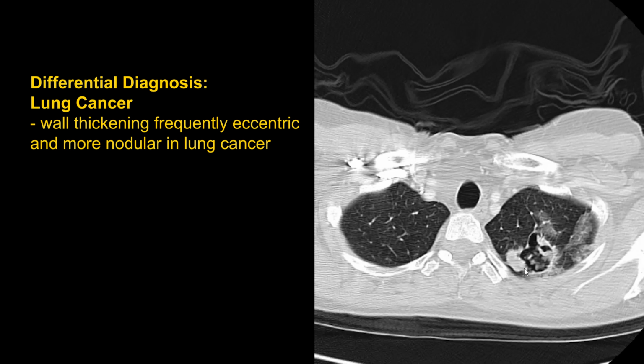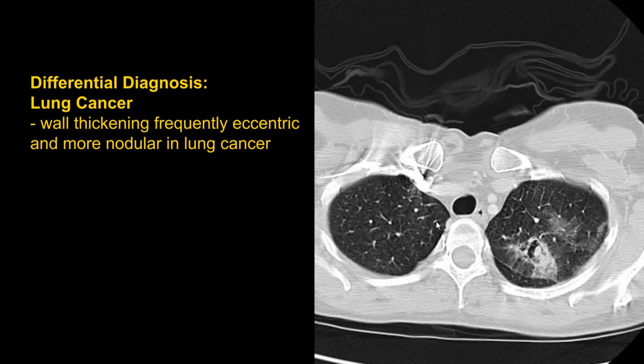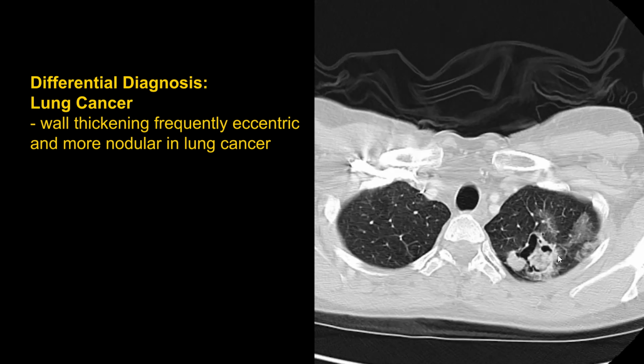patients with Nontuberculous Mycobacterium. Now, this patient, I would be more concerned about lung cancer than infection, given these areas of eccentric nodularity. The other finding here is that we don't have the superimposed emphysema or bronchiectasis. This person's lungs are relatively normal compared to the other patients who had fibrocavitary Nontuberculous Mycobacterium.